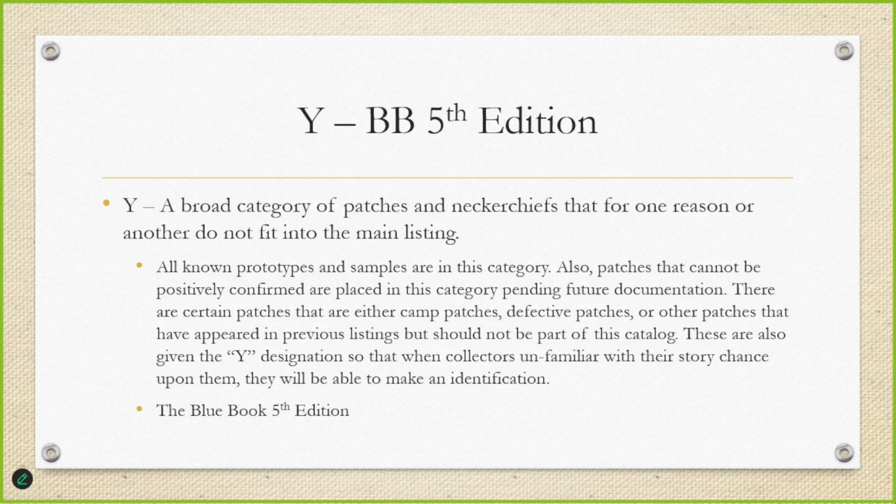There are certain patches that are either camp patches, defective patches, which I take to mean like a thread break or something like that, maybe an unmarrowed patch, or other patches that have appeared in previous listings but should not be part of this catalog, which, catalog meaning Lodge issues, is how I'm taking that. These are also given the Y designation so that when collectors unfamiliar with their story chance upon them, they will be able to make an identification. Okay. Basically kind of what I've already been talking about.